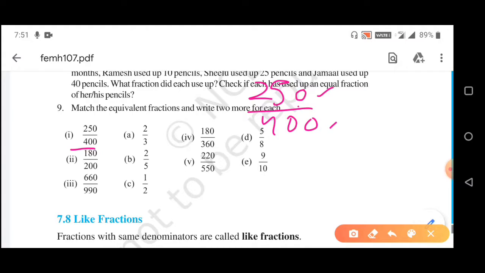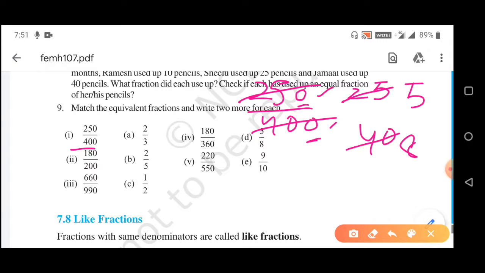So whenever you have 0 in the ones place, you can divide it by 10. So 250, if we divide it by 10, then we will get 25. If we divide 400 by 10, we will get 40. Now we can divide it by 5, 5 5s are 25, 5 8s are 40. So 5 by 8, 1 will be matching with D. So these are equivalent fractions.